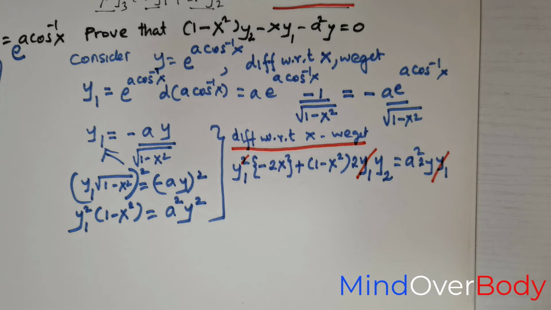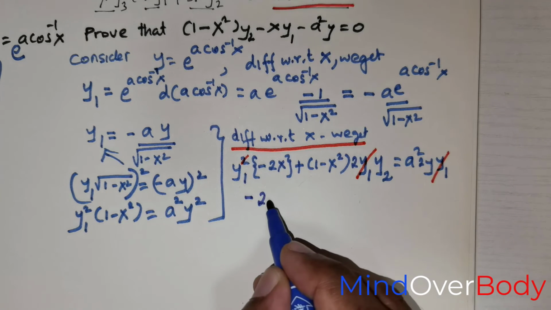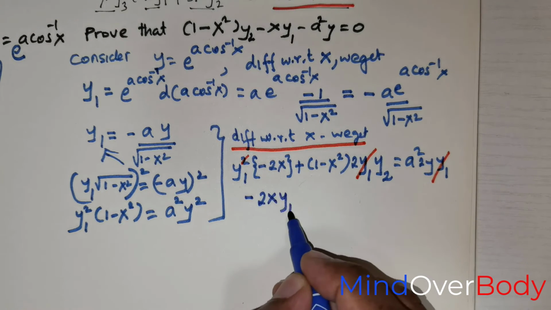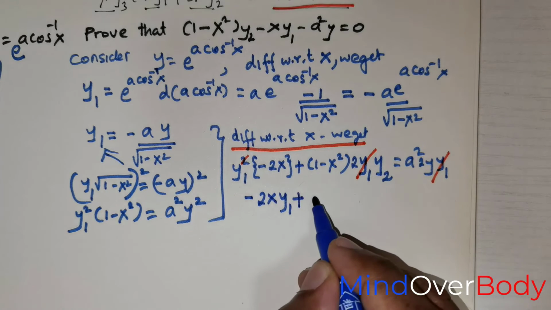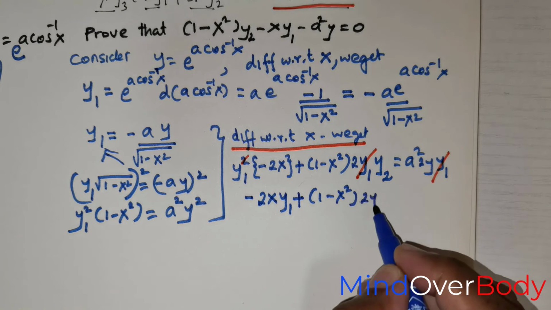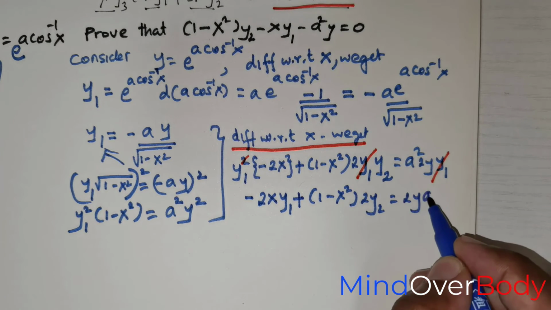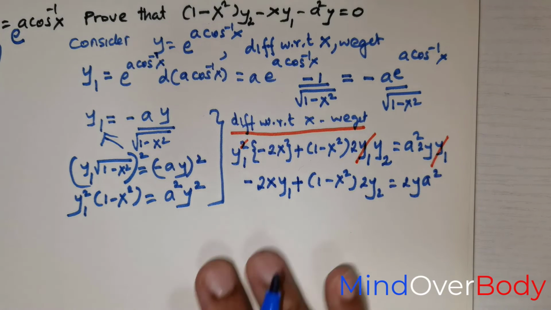We are left with negative 2 times x and y1, positive 1 negative x squared times 2 times y2 is equal to 2 times y and a squared. This is what we have left with.